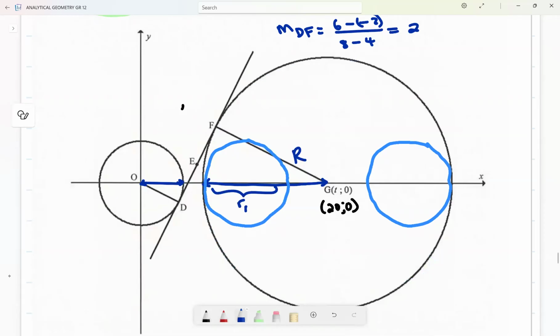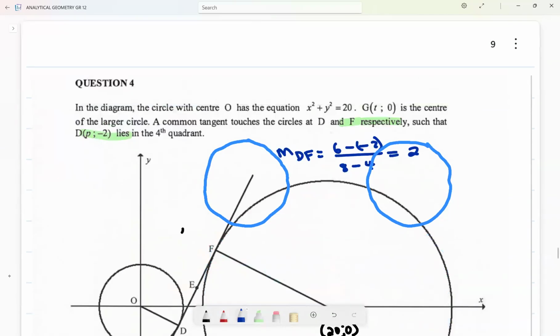Let me see something. You can let y equal to 0 on this one. Okay, I'm thinking of something. Now, we have this one.